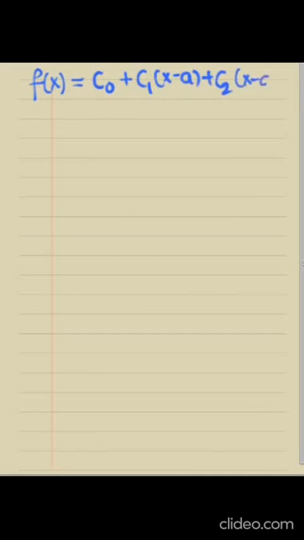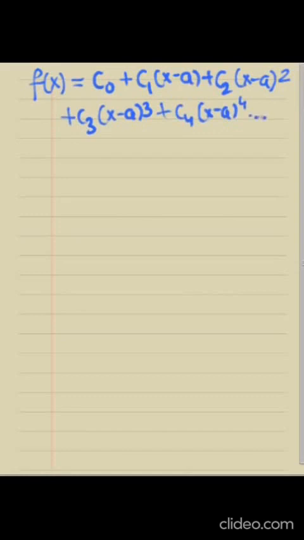So, okay, we have a function f of x, which is a power series. A power series can be represented by a function f of x as a bunch of powers of x minus a. So I'm going to write this as c0 plus c1 times x minus a plus c2 times x minus a squared plus c3 times x minus a cubed plus c4 times x minus a raised to 4, and so on up till infinity.